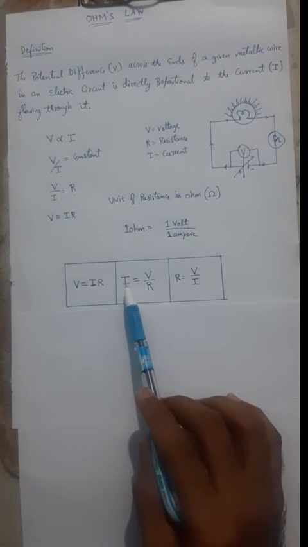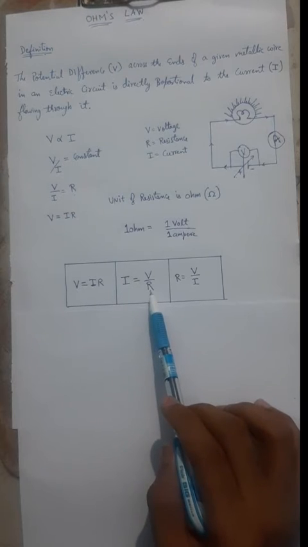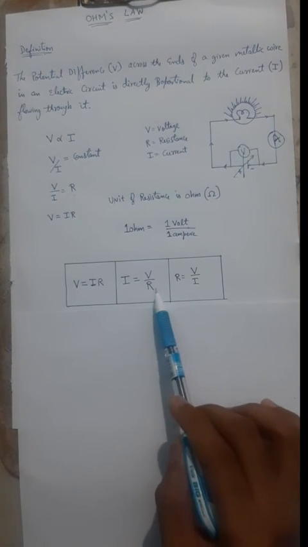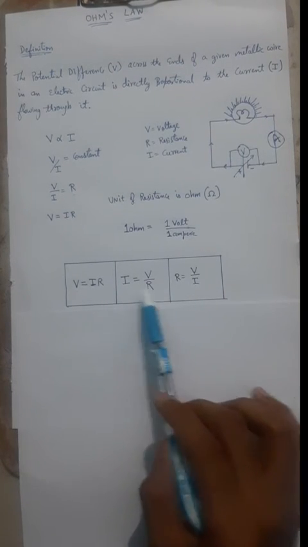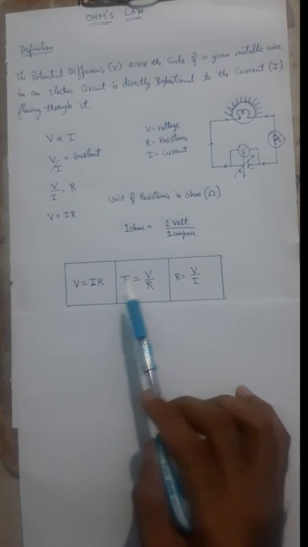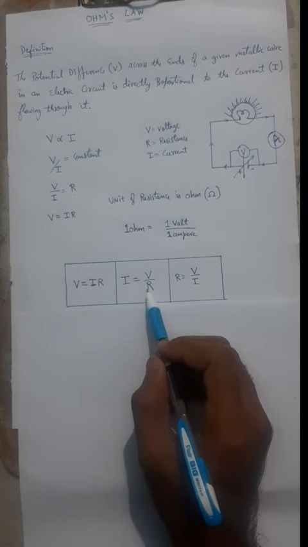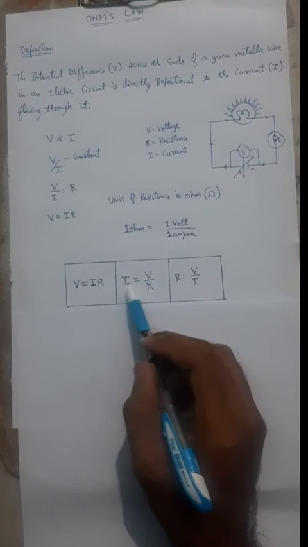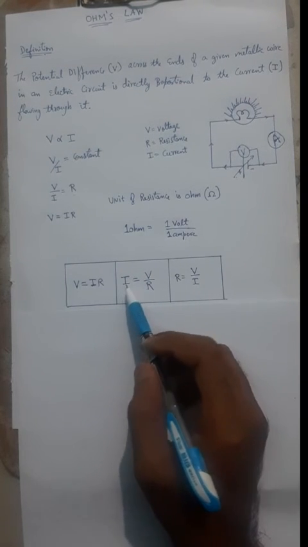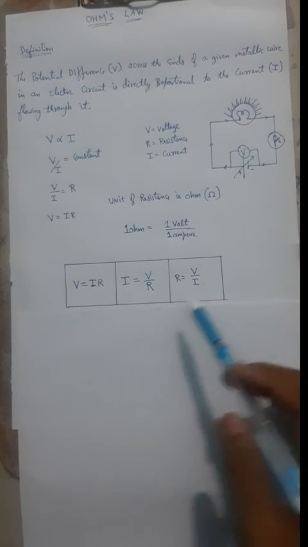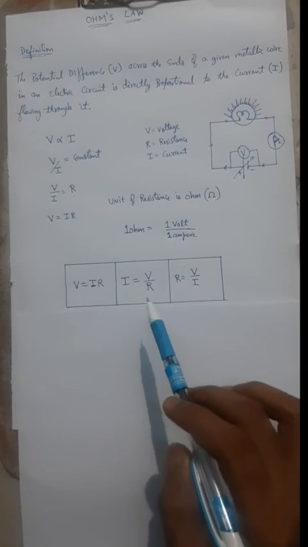Here you can see that current is inversely proportional to resistance, which means if you increase the resistance, the current decreases. Suppose you double the resistance, then the current gets decreased to half. So current is inversely proportional to resistance.